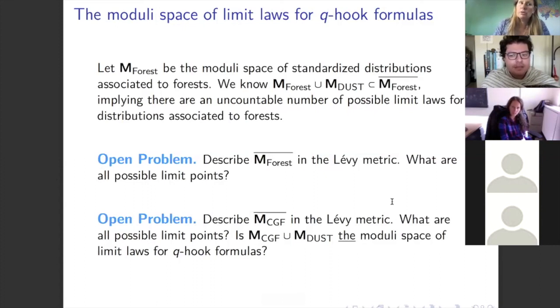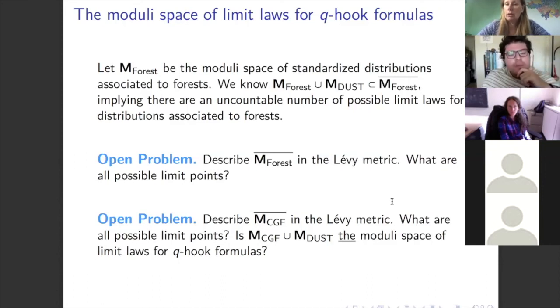So for semi-standard Young Tableau, we know that the closure of the Irwin-Halls is in there. We know that the closure of the distance distributions are in there, but we don't know what else is in there. And for forests, what we ended up proving, actually, in my opinion the key technical result, is that when you take the compact closure of the dustpan distributions, you find out it's itself.